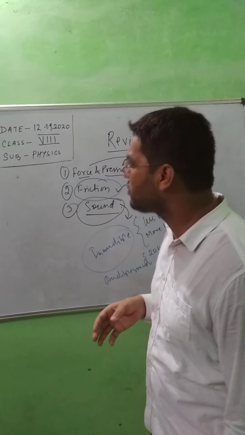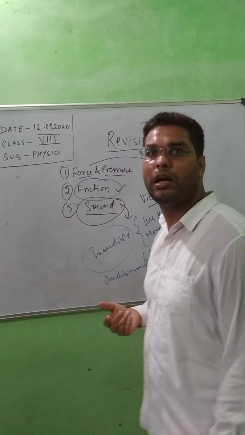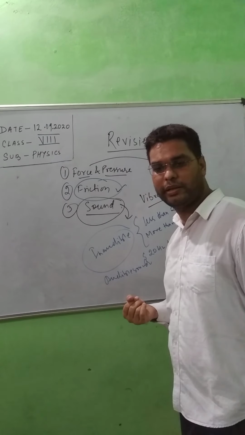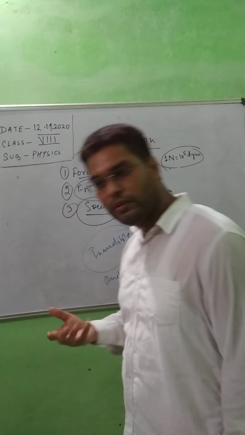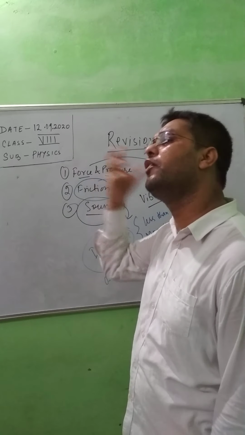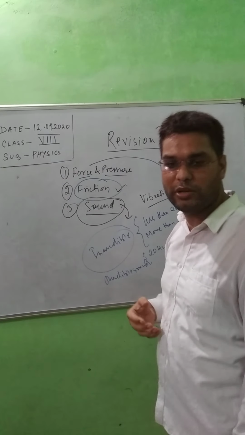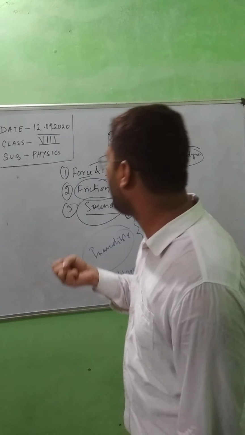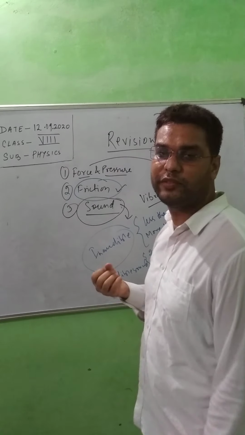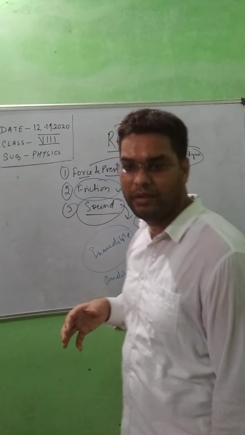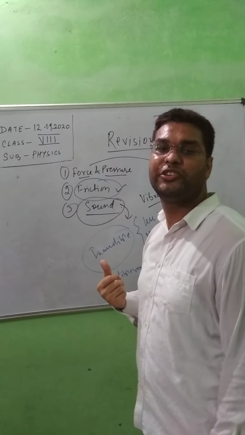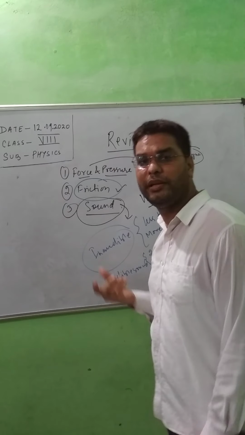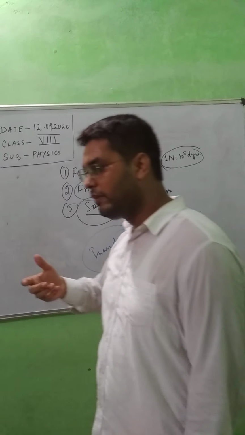We have also talked about the human ear and how sound goes through our ear and how we are able to hear it. I talked about the pinna. Through the pinna, sound enters the ear canal. After that it strikes the eardrum. In the middle part there are three tiny bones, hammer, anvil and stirrup. They come into motion and are connected.